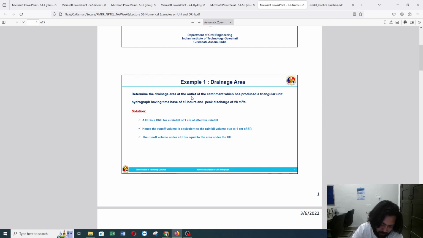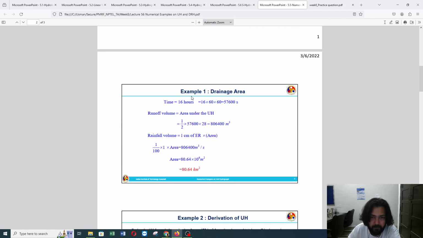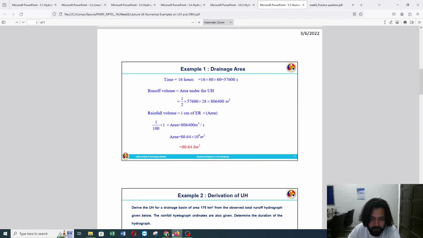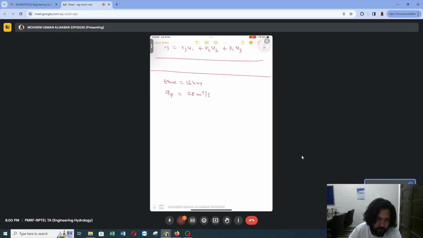So let us solve this problem. They are saying that the time is 16 hours and peak discharge, that is QP, is 28 meter cube per second. Right, so we know these two values. What we can do is calculate the volume of DRH, and volume of DRH is nothing but the area under the curve.